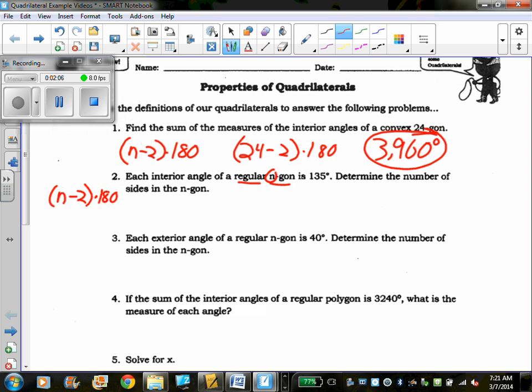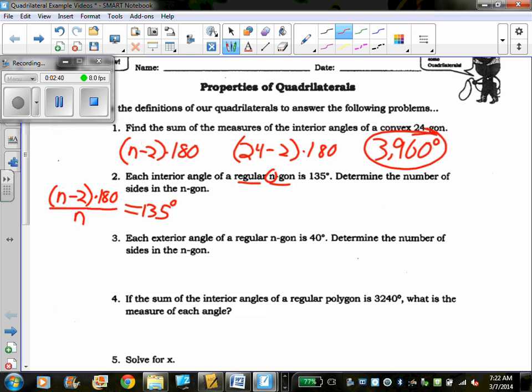What that means is, in a regular n-gon, if we take that number and divide by the number of sides, in other words, divide by n, which only works for regular ones, we're going to be able to tell how big each angle is, because we know that each of them is the same size. So if we set that equal to 135, we're going to be in business, because we know that each angle in this n-gon has to be 135 degrees.